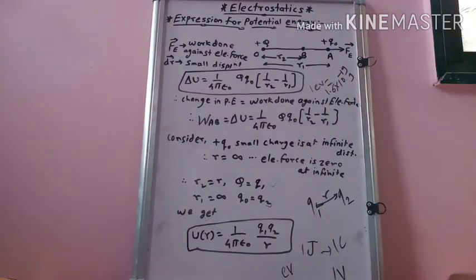This is the value of 1 electron volt. Other units are 1 mega electron volt and 1 kilo electron volt, which are also units of potential energy.